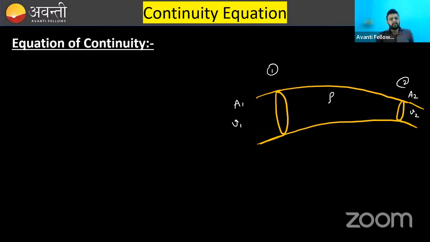So if this is a tube of flow, the line of the previous class was that in a tube, liquid can neither leave nor enter. So the mass of the liquid remains constant in a tube.